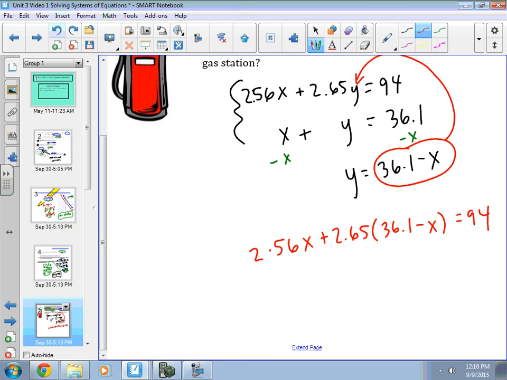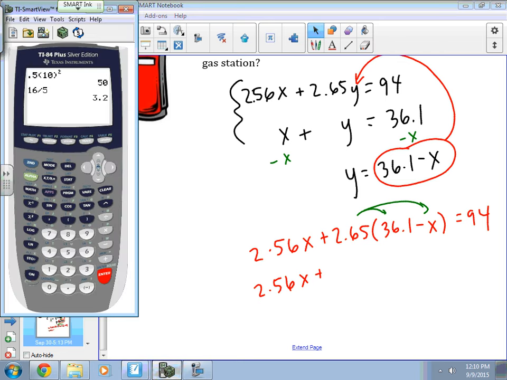So solving this equation now, we should be able to find x, because now x is our only variable in the problem. All right, we're going to have to, again, start by distributing. So if we take $2.65 times 36.1 gallons, let's see what we get.